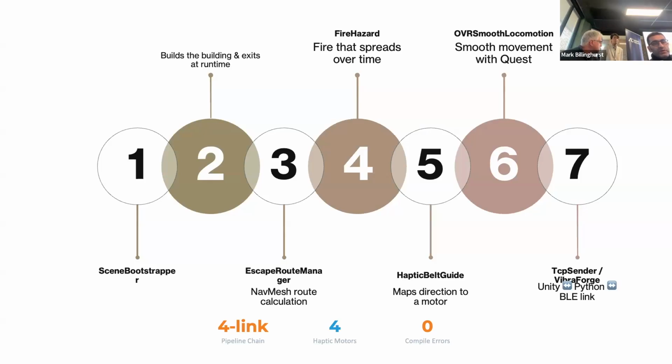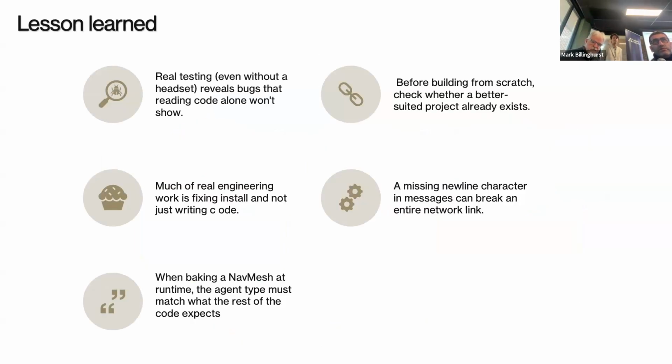We use a motor, and we use some maps for direction to this kinematic. And this is the lesson we learned from that: real testing and matching up the real engines can work in fixing installs, and some of them are not working.